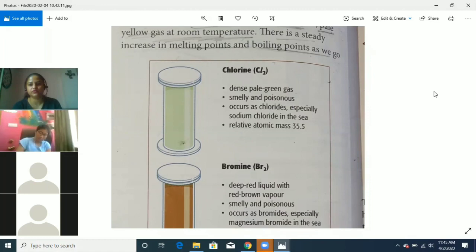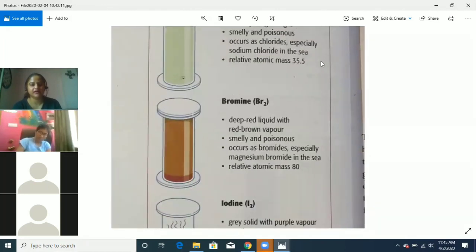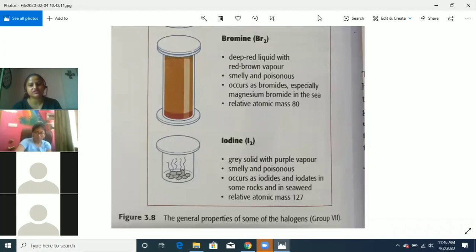Then come to bromine. Bromine has deep red color. Bromine is a liquid. Okay, and at some high temperature it will convert into a vapor. Again, it is smelly and poisonous. Then come to iodine. Iodine is a solid with purple vapor. It is again smelly and poisonous.